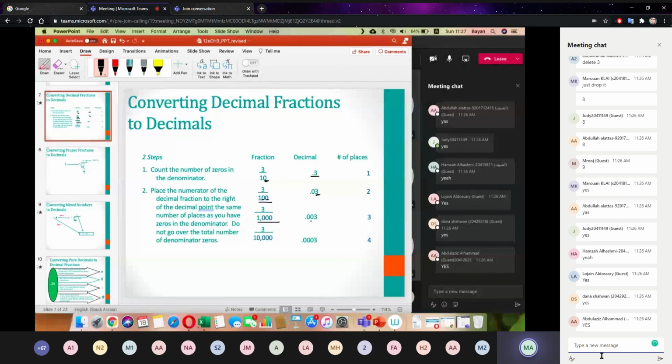So we will have 2 zeros here and then we have the 3. Here 3 over 10,000. So 4 zeros here. So 1, 2, 3, and the fourth place will be for the 3. Clear?